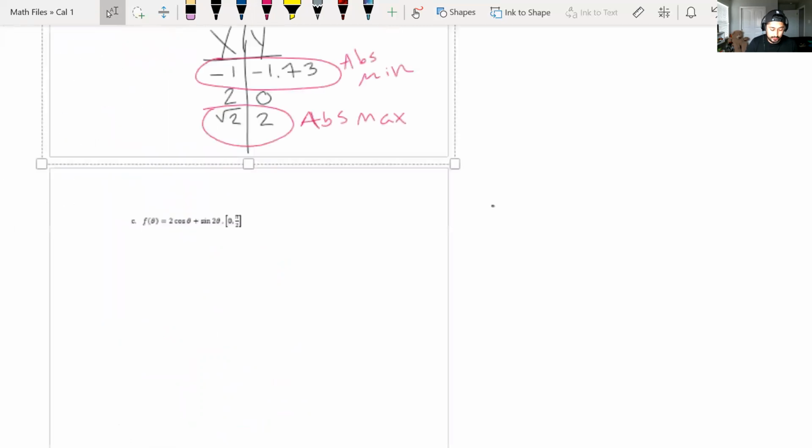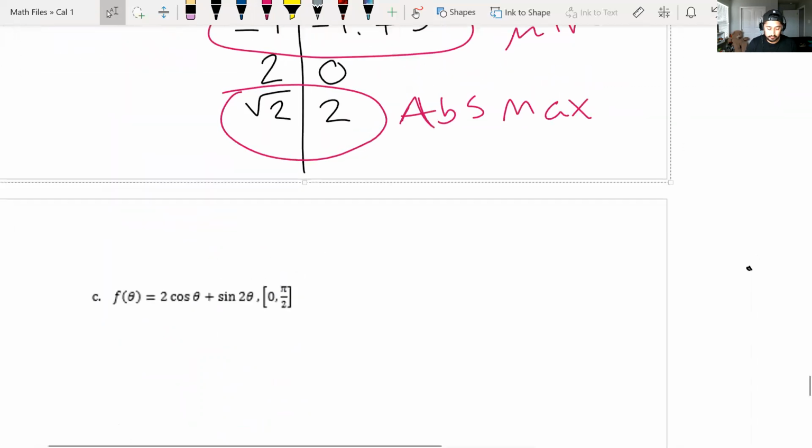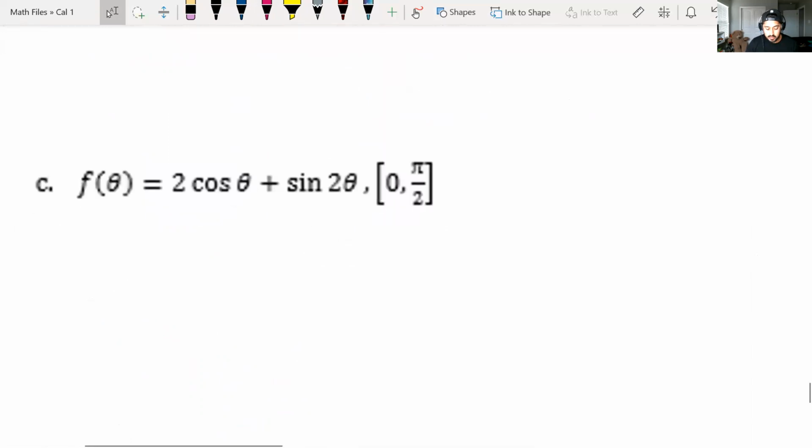Hey, look at that, last one. Find the critical numbers of this on those endpoints, 0 to pi over 2. Okay, let's take the derivative. This is going to be a chain rule.